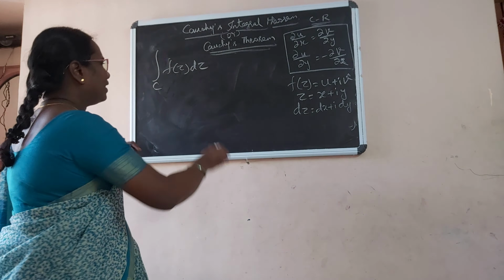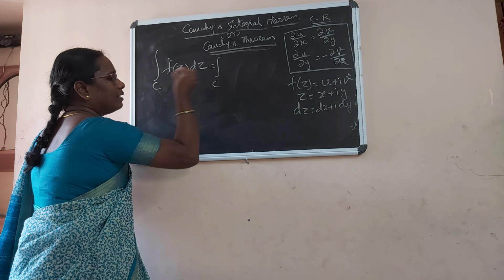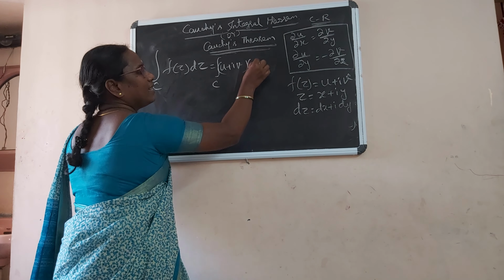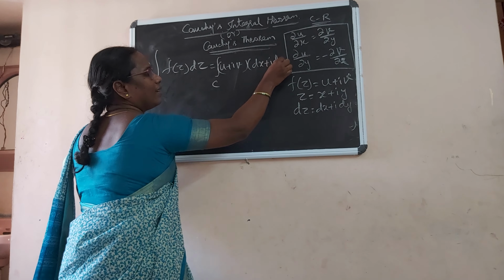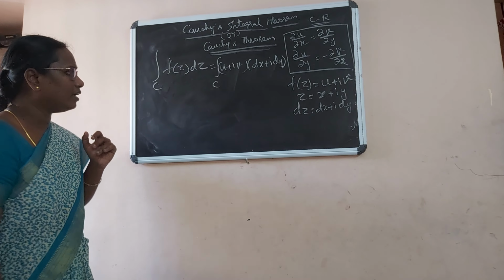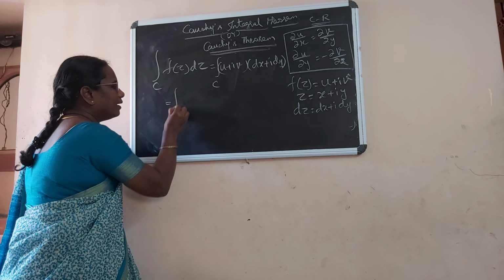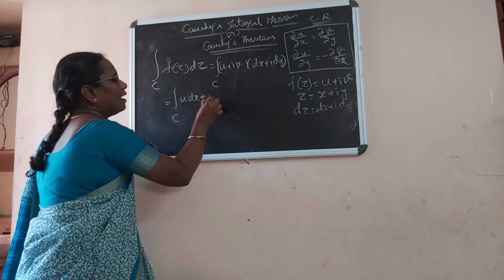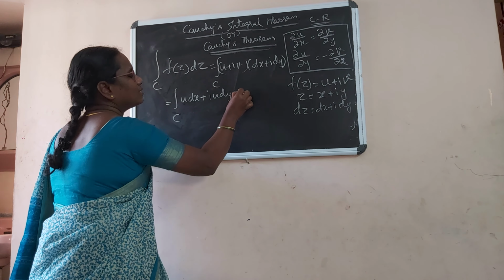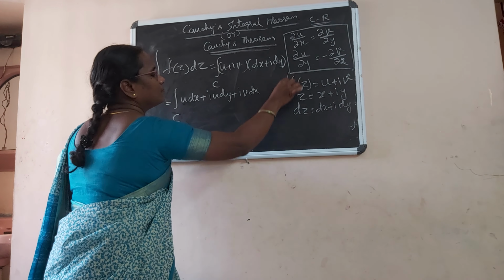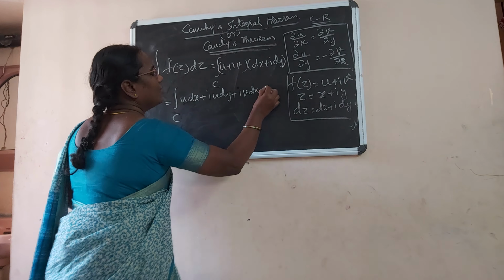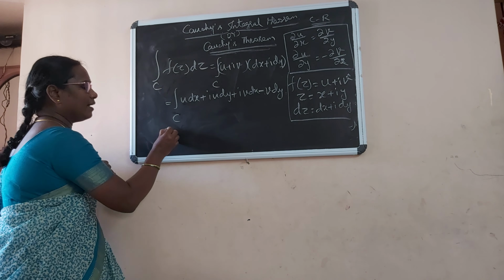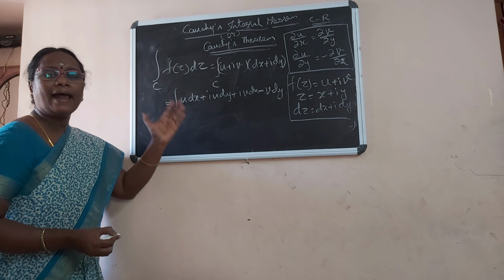Now using this, we get the integral over C of u plus iv into dx plus i dy. Simplifying, we get the integral over C of u dx plus i u dy plus i v dx minus v dy. For convenience, we separate real and imaginary parts.